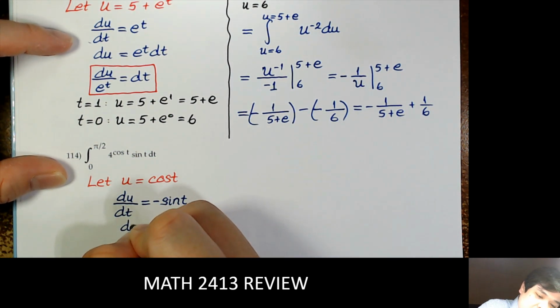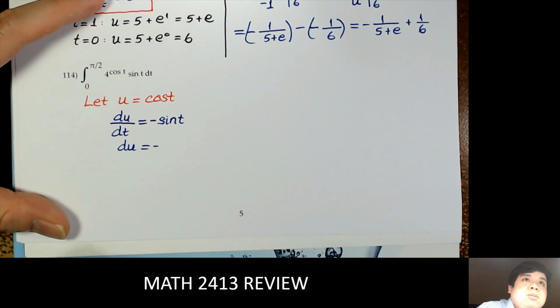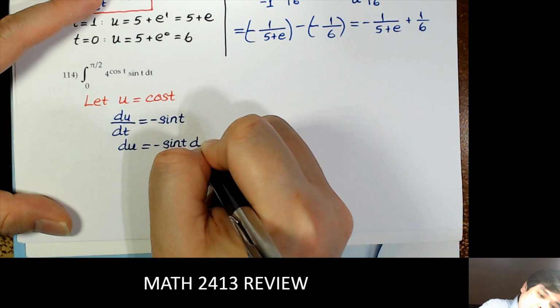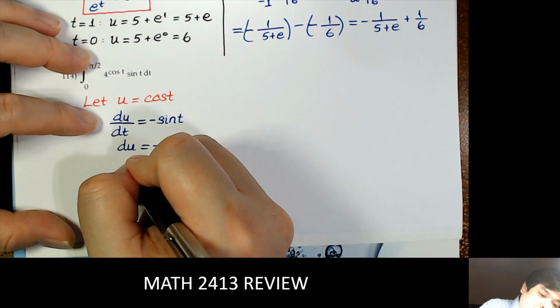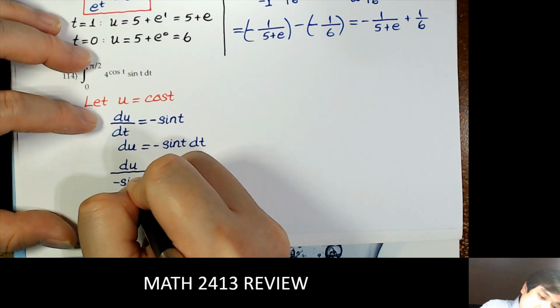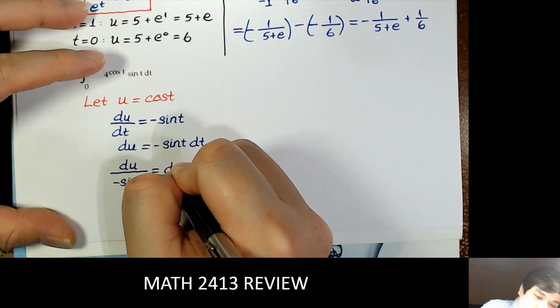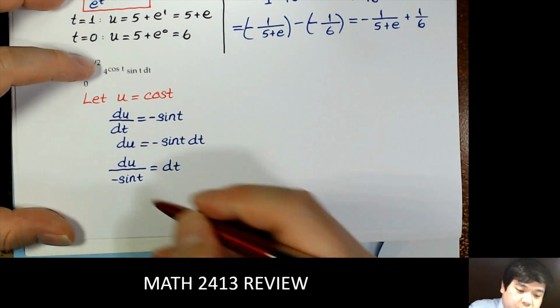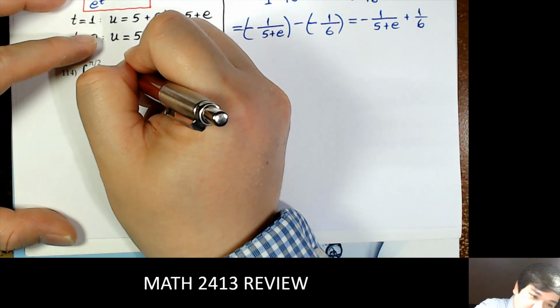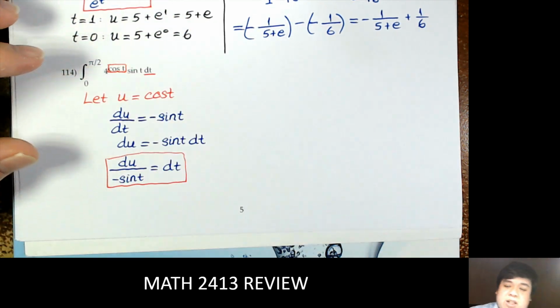Move the dt, and divide by the negative sine t. So we have u, and then substitute for dt.